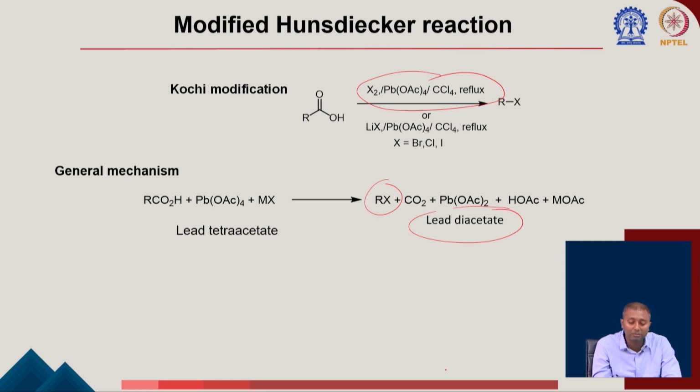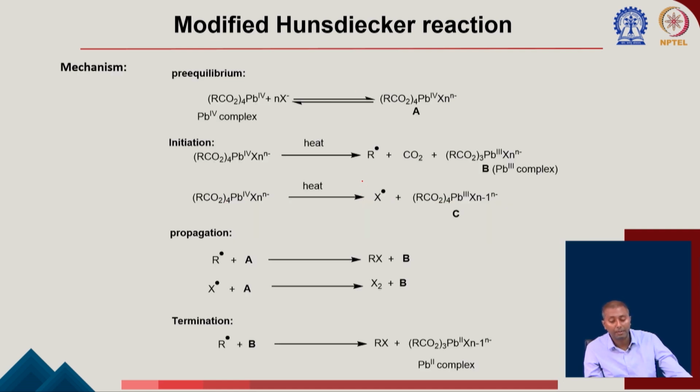Again, lead tetraacetate reacts with this acid, and then there is a formation of very similar reactivity, that at the end it will be formation of the R dot, and then it will take an X from the corresponding MX source, and the Cl will be transferred to make the corresponding RX.